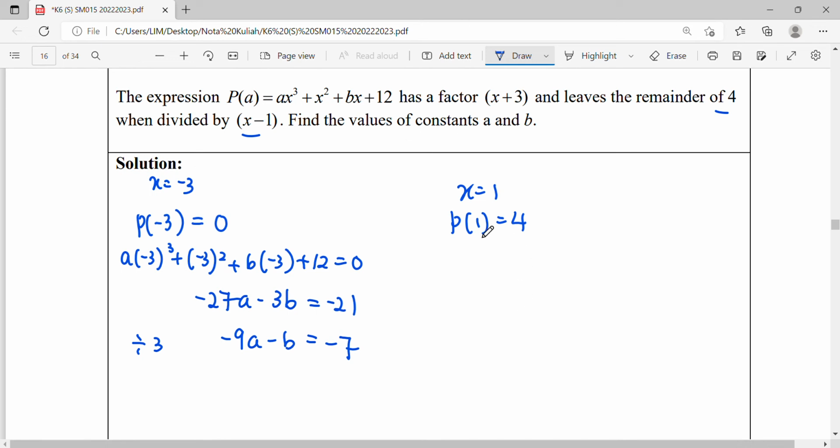So for here, repeat for our remainder theorem, x substitute into the polynomial. Simplify here.